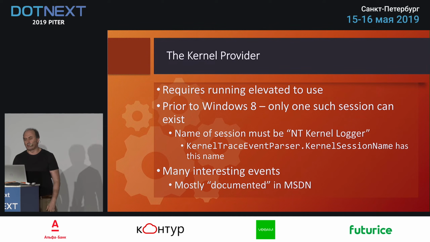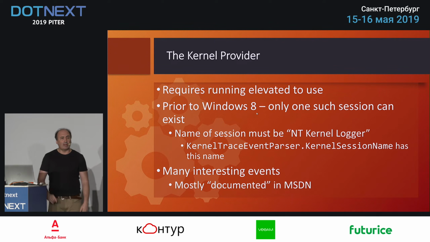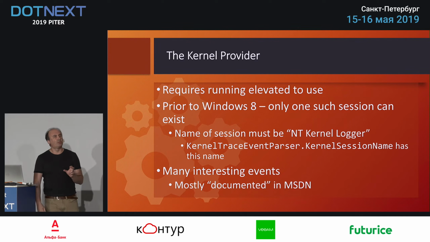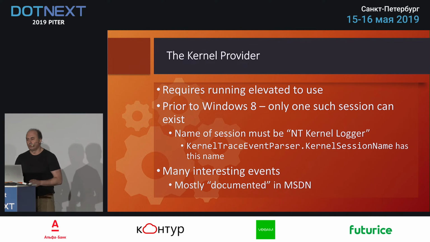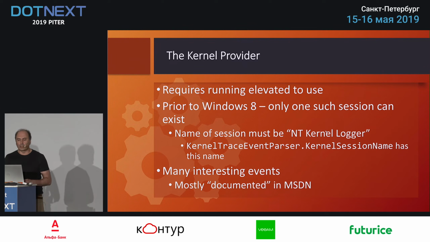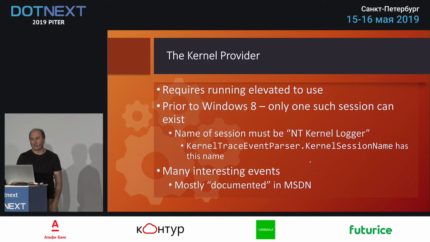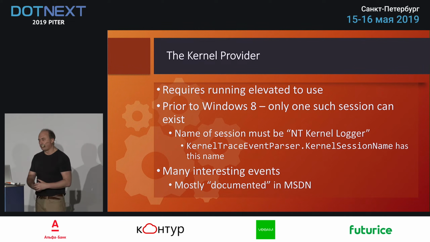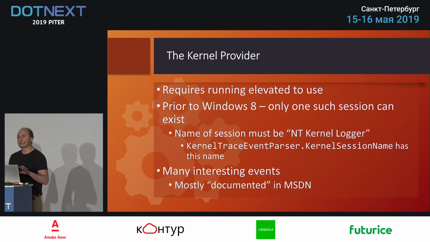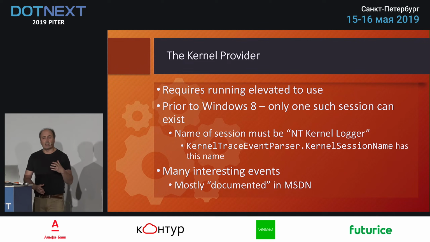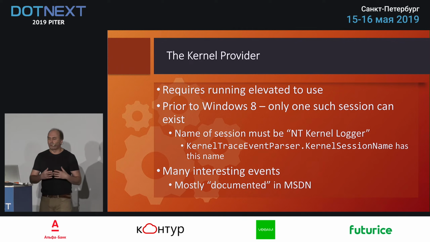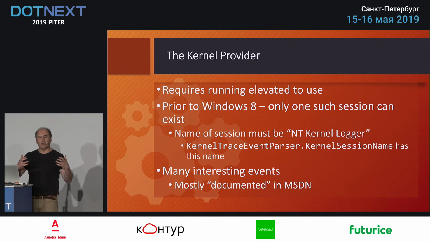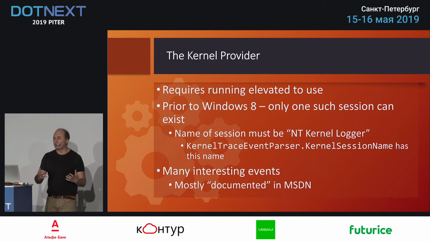For instance, prior to Windows 8, there can only be one session using the kernel provider. In fact, the session name must be a hard-coded value, which is called NT Kernel Logger, and it's available through a helper property provided by the TraceEvent library. Most of the events inside this provider are semi-documented. There's information in the official documentation about what each event has, what kind of properties it provides, and so on.